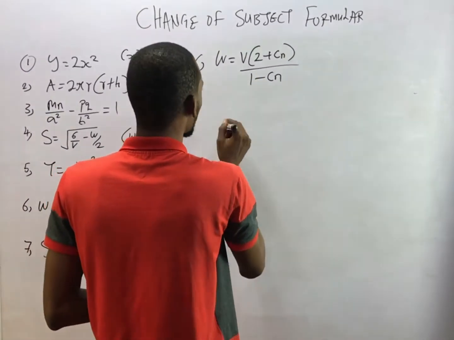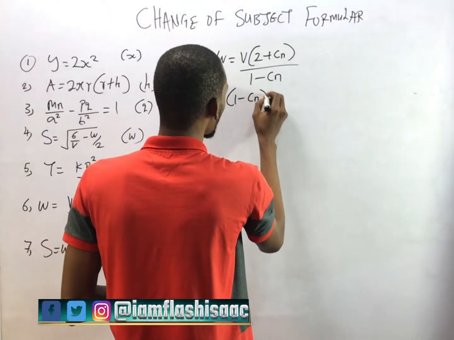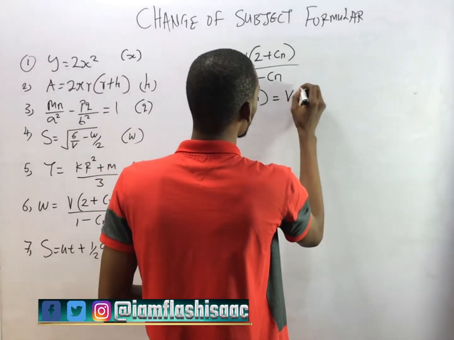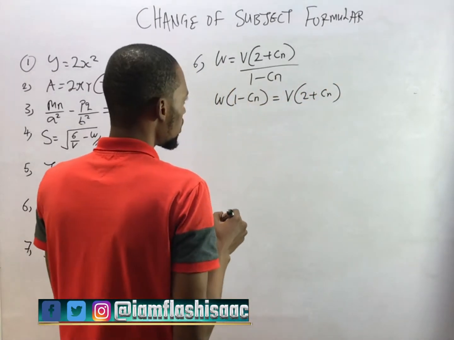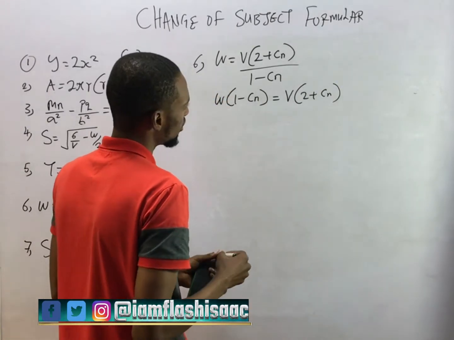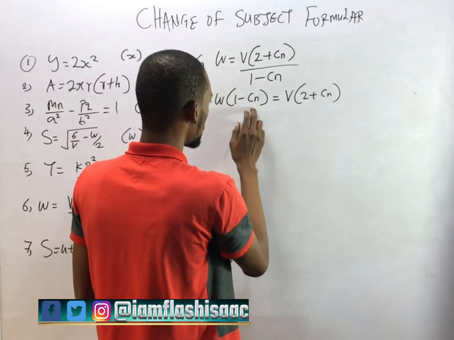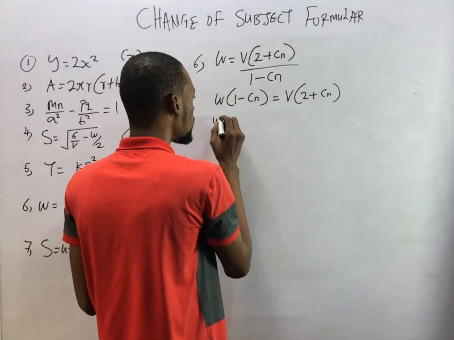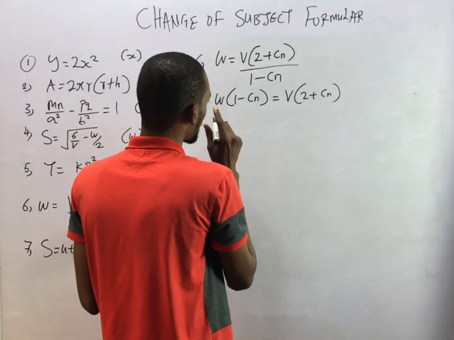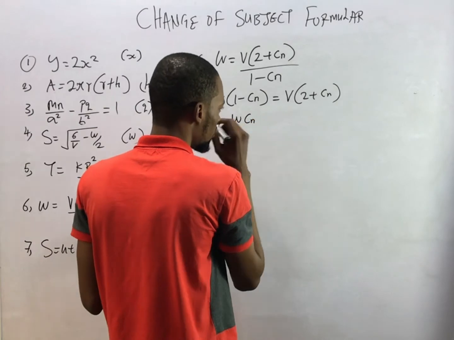Okay, let me cross multiply. This is w(1 minus cn) is equals v(2 plus cn). In this case, I'll open up the brackets. So multiply this by this. W times 1 is w, minus w times cn is wcn.